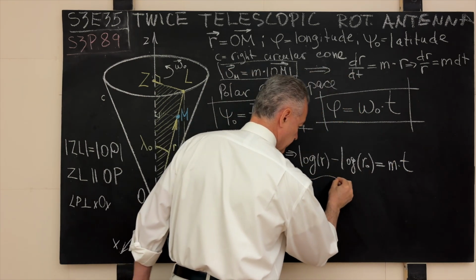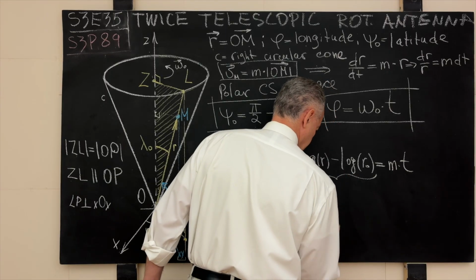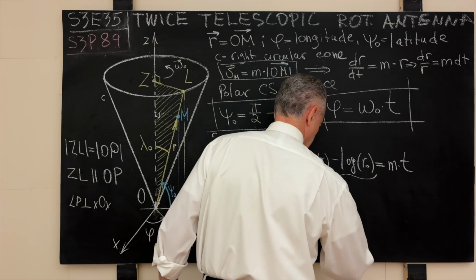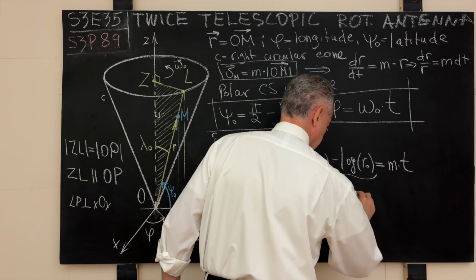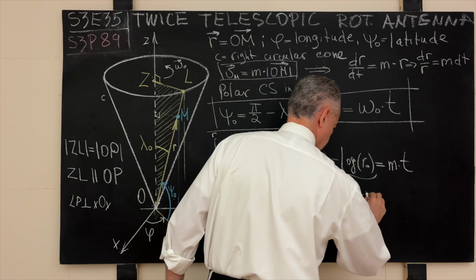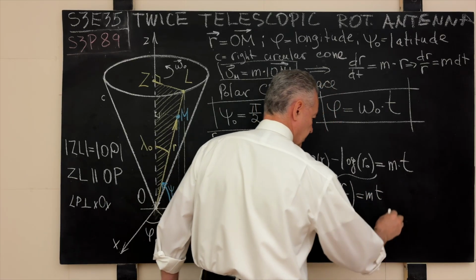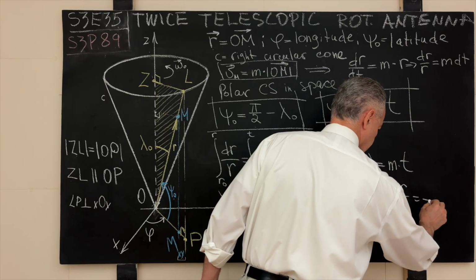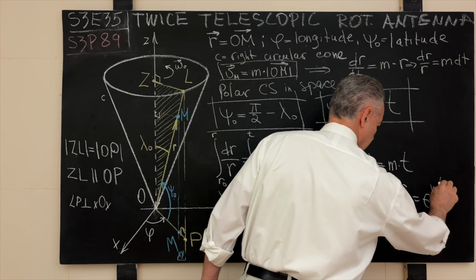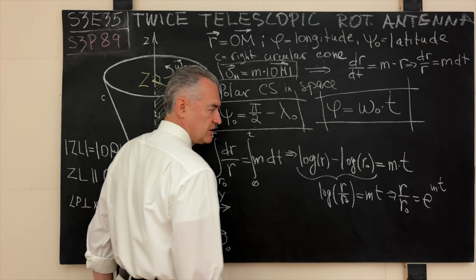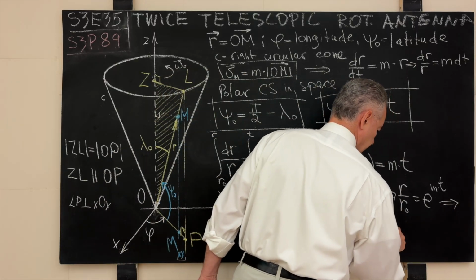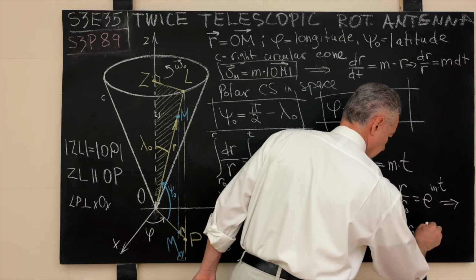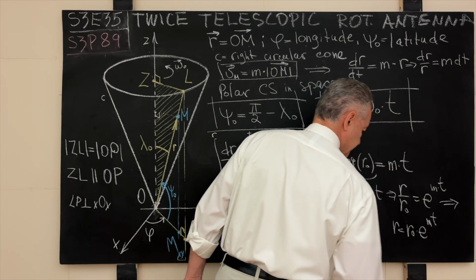According to the basic property of logarithms, this becomes the logarithm of the ratio r divided by r0 is equal to mt. From here it follows that r divided by r0 equals e raised to the power mt, and from here it follows that r is equal to r0 times e raised to the power mt.